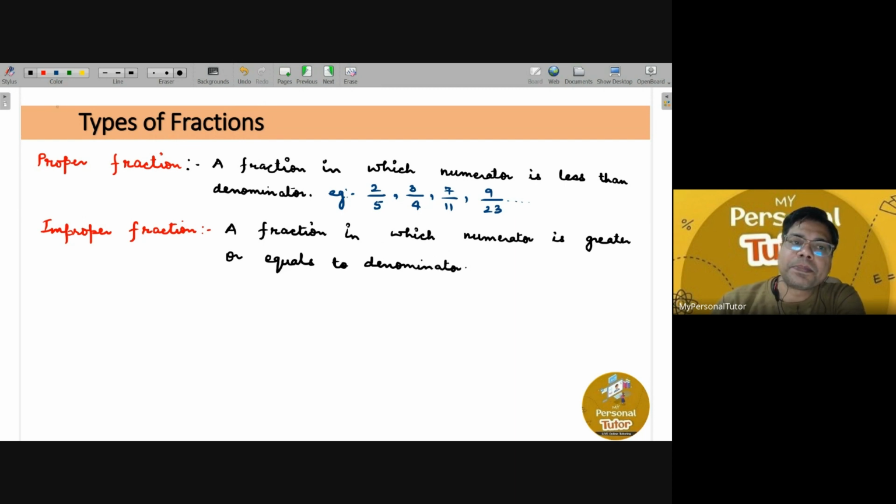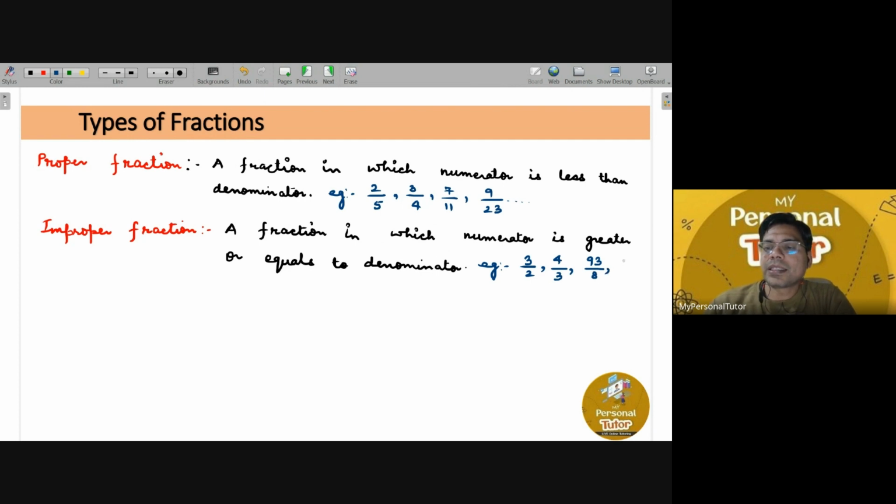For example, if you take an example here, what happens? Let's say 3/2. So this is an improper fraction. Why? Because numerator is greater than denominator. 4/3. This is also an improper fraction. 93/8. This is an improper fraction.